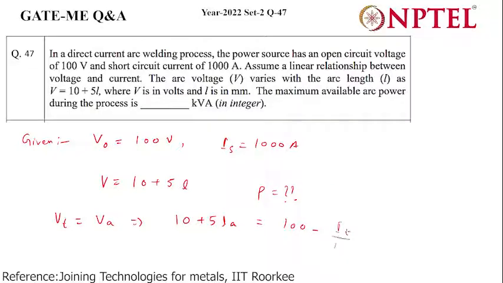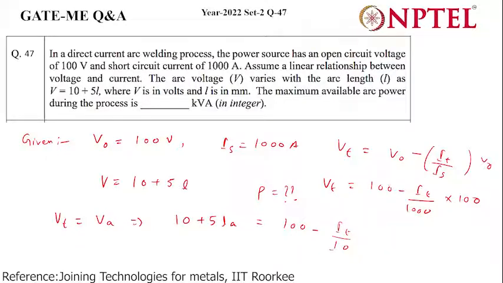So from where did we get this equation? Firstly, we know the equation VT is equal to V naught minus IT divided by IS into V naught. So we'll put in the values. Your VT will be 100 minus IT divided by 1000 into V naught, which is 100.